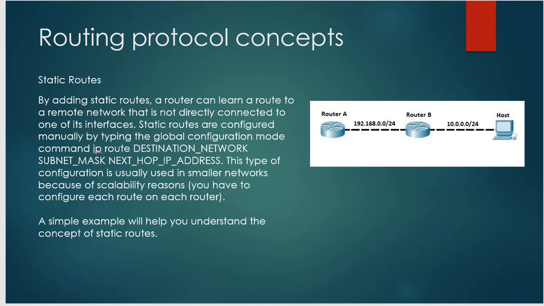Okay, let's see the static route. Apart from these connected routes, we have router A and router B, two routers, and a subnetwork with host A. These two are connected together, with the networks 192.168.0.0/24 and 10.10.10.0/24. There is some mistake in this graphic between router B and the host, where it shows /24.